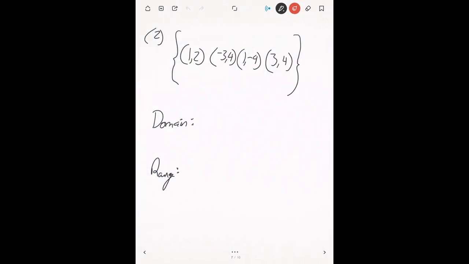All right, now we have a situation where I actually don't have infinitely many points. We only have 4 individual points. Let's see if we can figure out how to write the domain and range of this set.